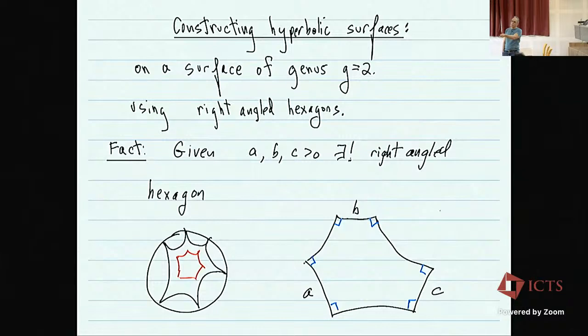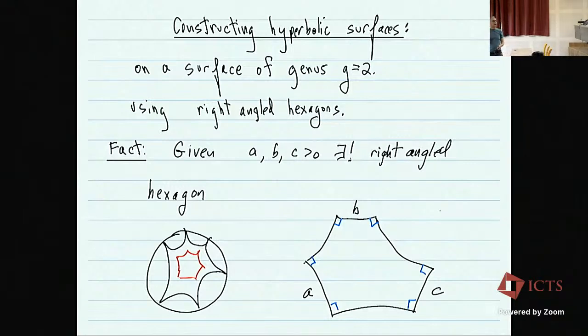So why? Here's a picture argument why. If you start with an ideal hexagon, the vertices are at infinity, and then you start carefully bringing it in, just shrinking it. If you get very, very small, you start to approach a Euclidean hexagon.